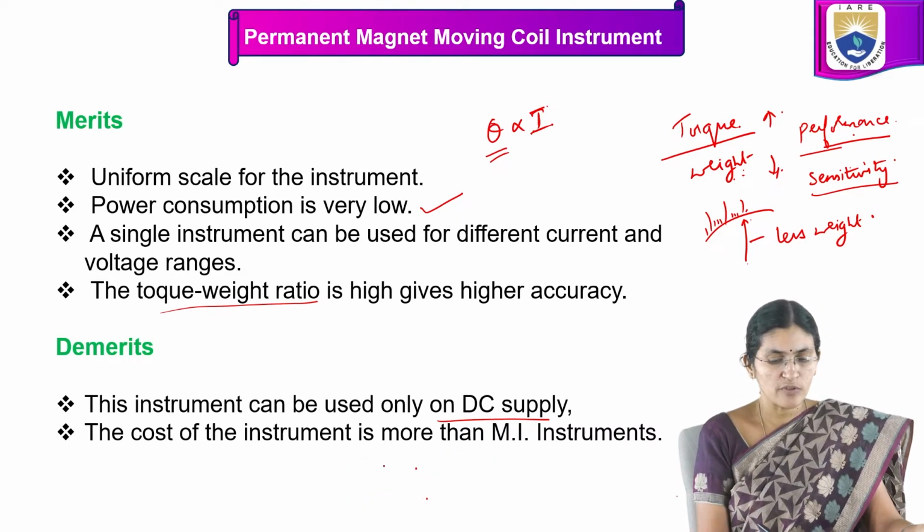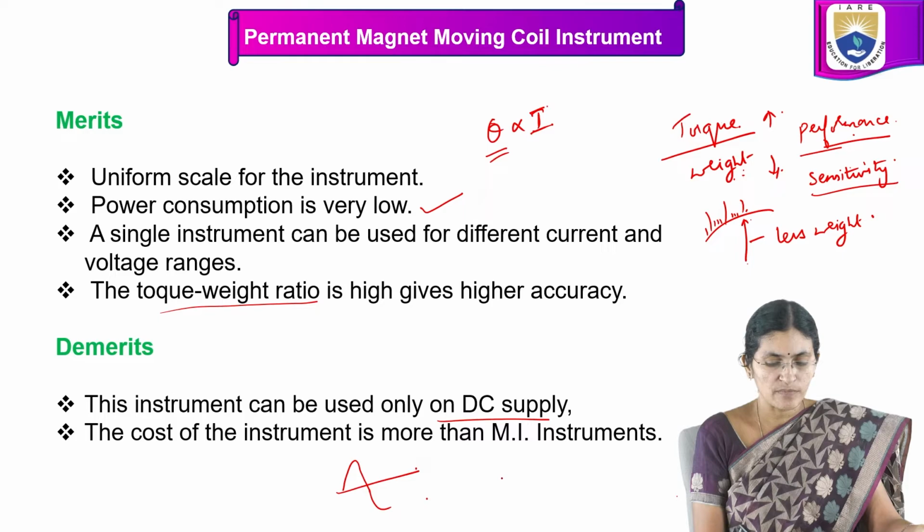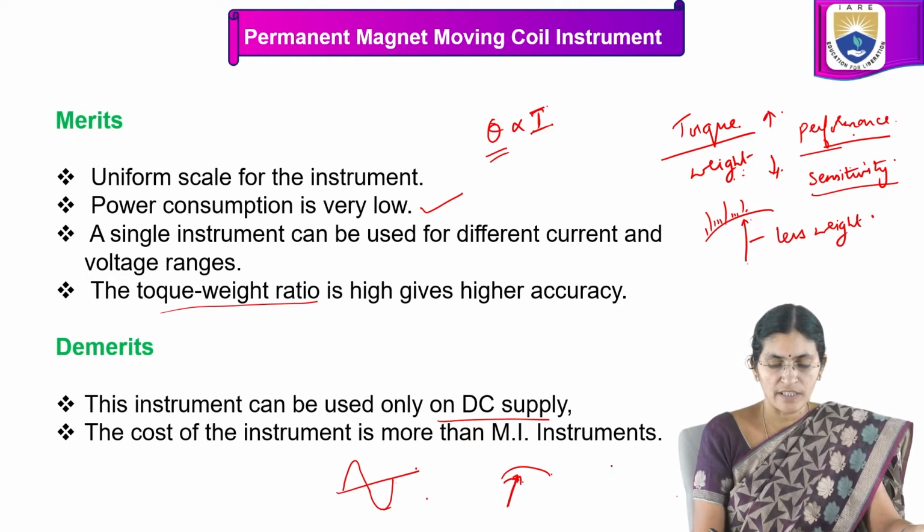In AC, we have a positive half cycle and a negative half cycle of the current. During the positive half cycle of the current, the pointer will move in one direction, and during the negative half cycle, it has to move in the other direction.